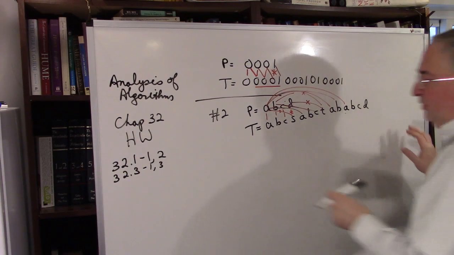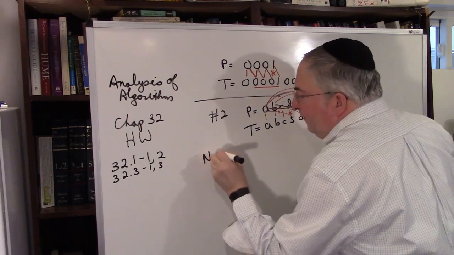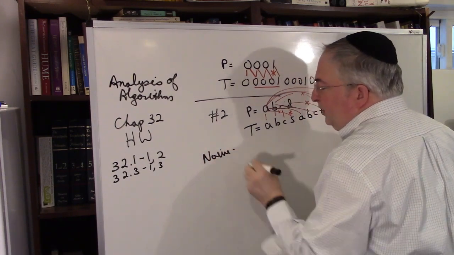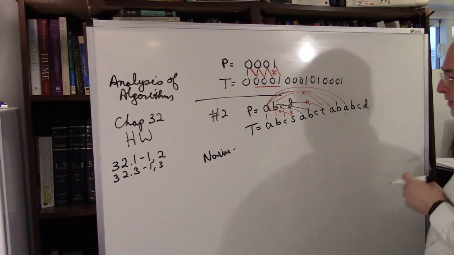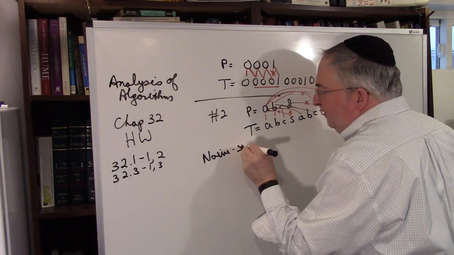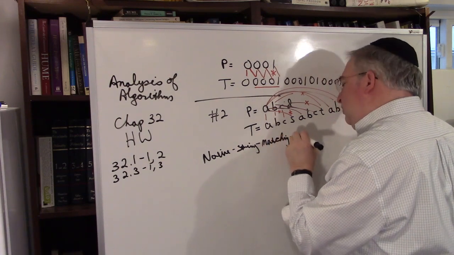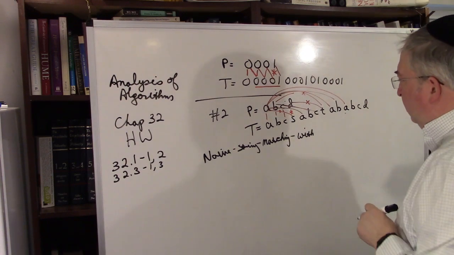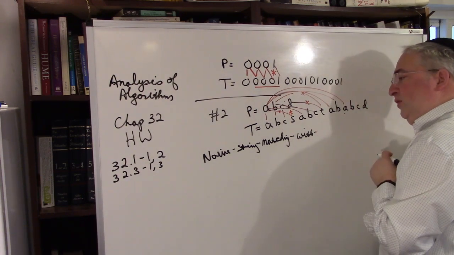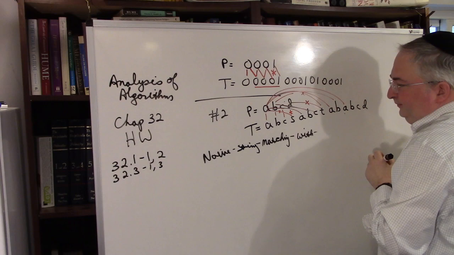So here's the way the algorithm goes. So I wrote it out. It's called naive string matching with a pattern, but we want the pattern to have different letters, a diverse pattern.